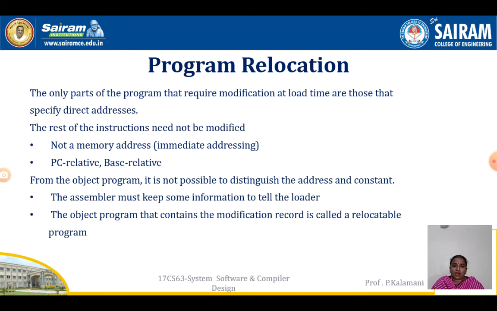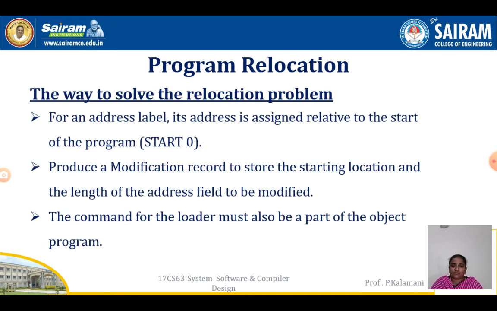Already we know the object program will be stored in record format like header record, text record and end record. Along with that, the modification record is also specified to the loader. Then only the loader can find out, while loading the program into main memory for execution. How can we solve this problem? Using the modification record. For an address label, its address is assigned relative to the start of the program.